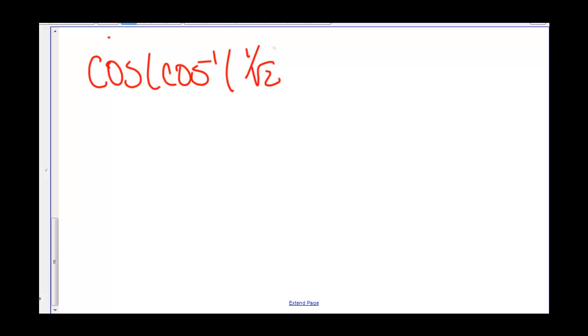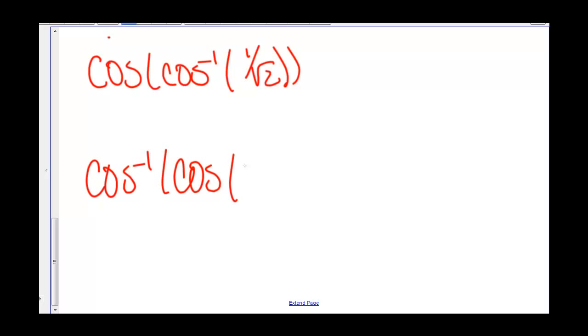So now let's have you try cosine of inverse cosine of 1 over square root of 2, and then try the inverse cosine of cosine of pi over 6. So go ahead and pause, and then when you're ready, come back.